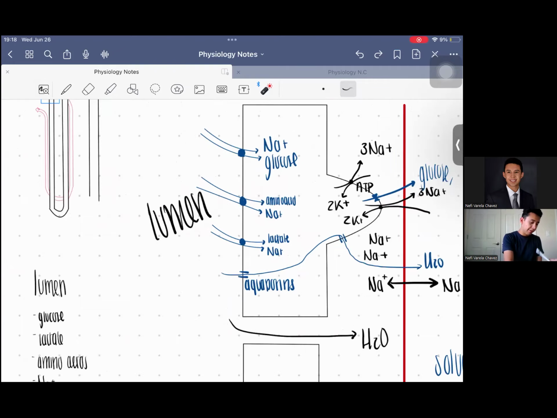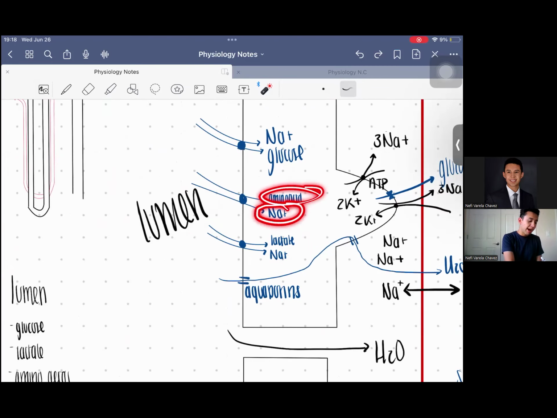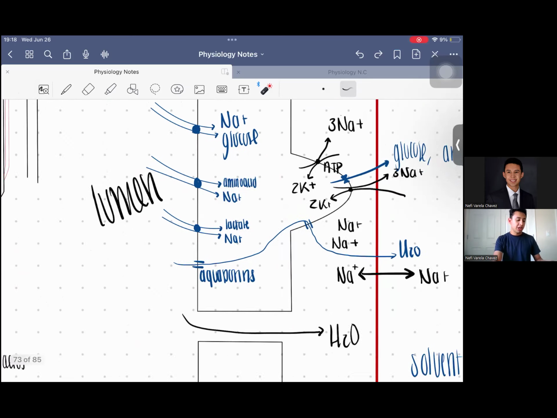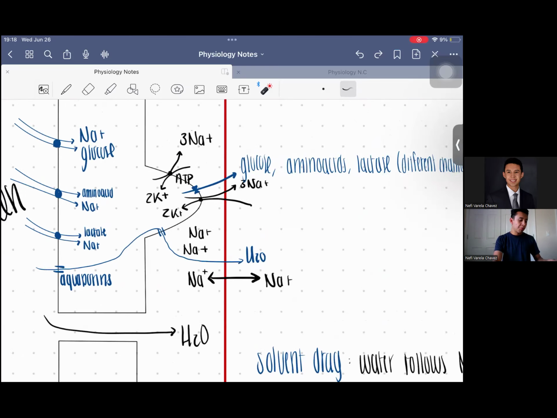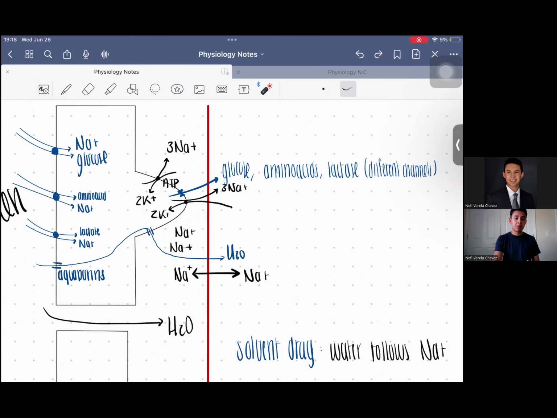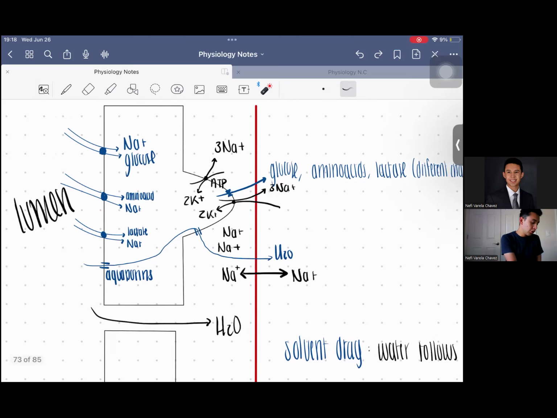Same, we're going to have channels for sodium and amino acids, sodium and lactate, and aquaporin, so for water. Okay, so we're going to have these channels. On the other side, we will have some other protein channels, our good old friends, the sodium potassium pump, that is going to help us take some of these molecules to the blood.